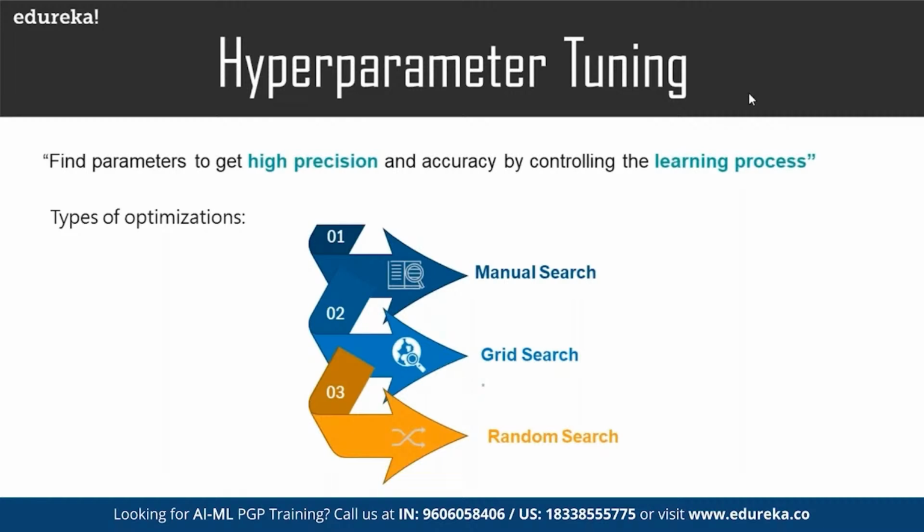There are quite different algorithms, like stochastic gradient descent and gradient descent. Usually SGD is used for large-scale problems. Using the right loss functions, optimization functions, and learning rate, all of which we call hyperparameters, when we choose them correctly we get the right results, which means we get high precision and accuracy.